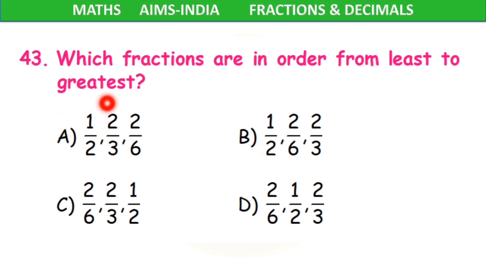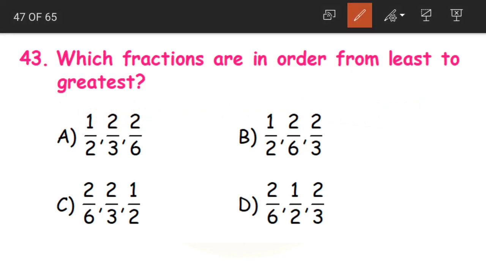Next question 43. What fractions are in order from least to greatest? From least to greatest means it is our ascending order. Yes, if you look at all the options here, we are having three fractions in it. What are they? Let me write it here.